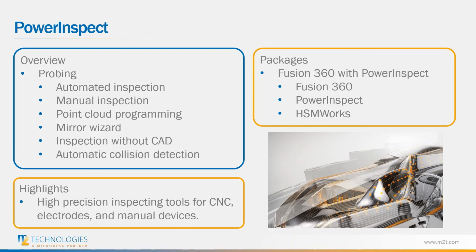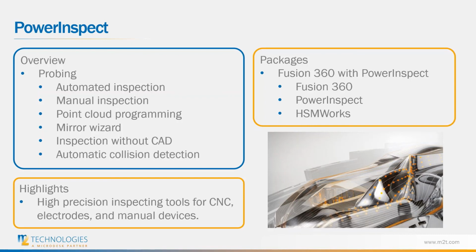So it has automated inspection tools in order to quickly design inspection programs, as well as manual inspection tools, which allow you to even use handheld inspection probes in order to inspect the devices. It has point cloud programming in order to quickly designate a point cloud to inspect.